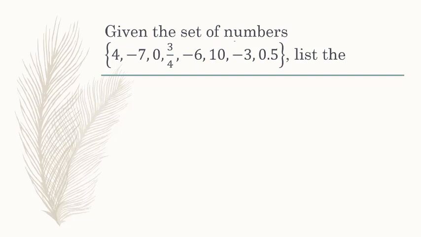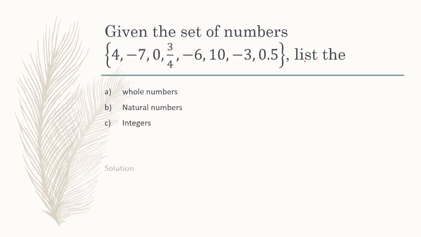Given the set of numbers, list the whole numbers. They are asking us to list the whole numbers. That means in that set we are going to identify the whole numbers, natural numbers, and integers.